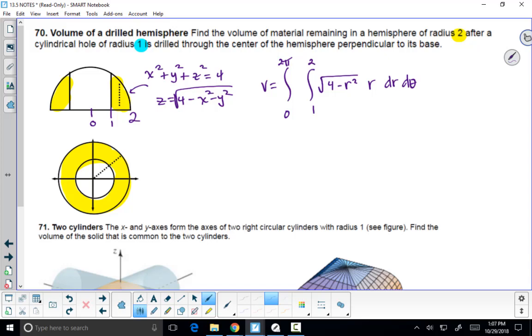Okay, so u sub. We're going to let u equal 4 minus r squared, so du is minus 2 r dr. Instead of writing out the whole u sub, let's just be creative here, just like we normally are. I'll put in a minus 2 there, and then I'll offset it by putting a 1 divided by minus 2 out in the front.